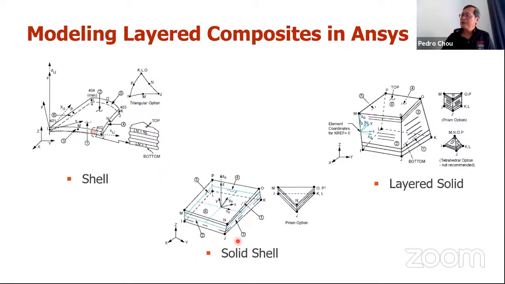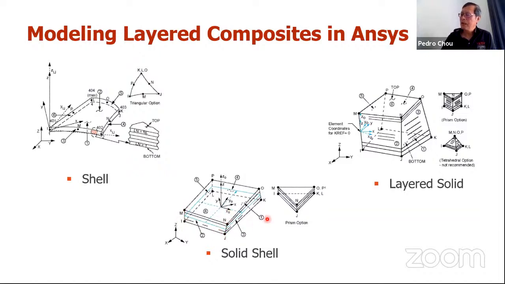We also have a solid shell. So for the solid shell, the formulation is basically the same as that of a shell element, where the translational degrees of freedom are translational, but the rotational degrees of freedom are a combination of the relative translational displacements on the nodes on different faces.